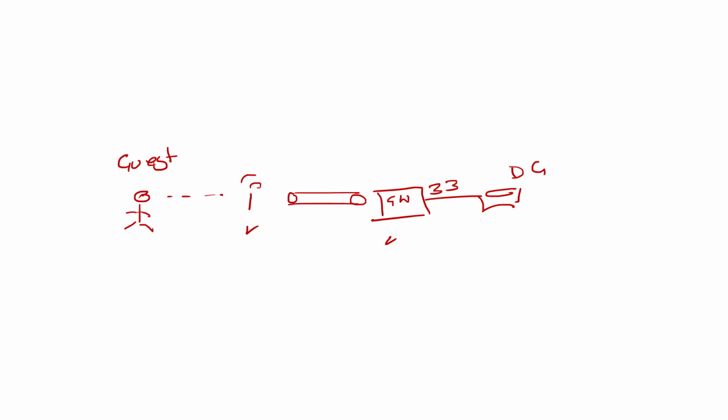When the client connects to the SSID, which we call guest1 in this case, this is a GRE tunnel for data, and there will be another tunnel, for the control plane, between the gateway and the access point.